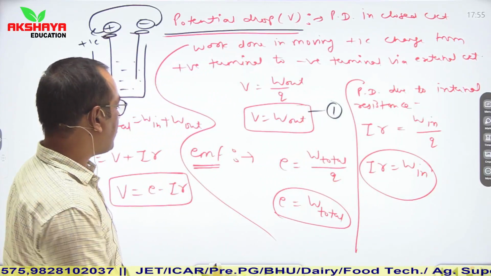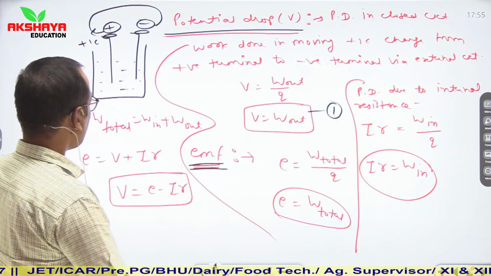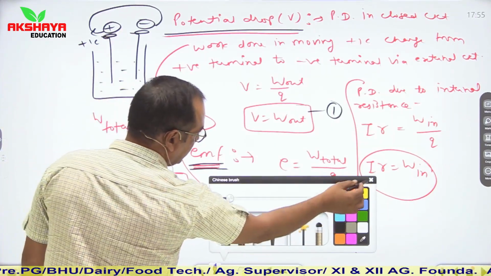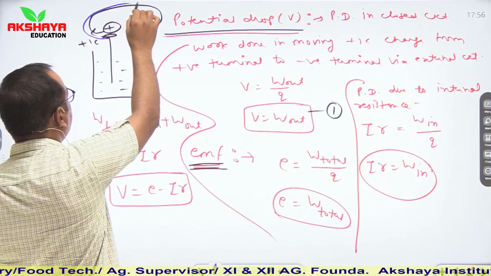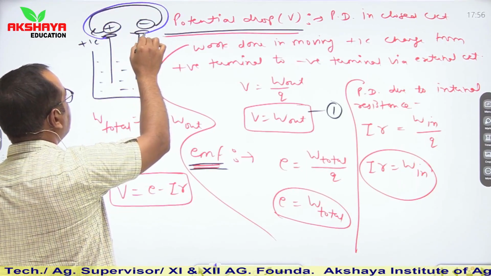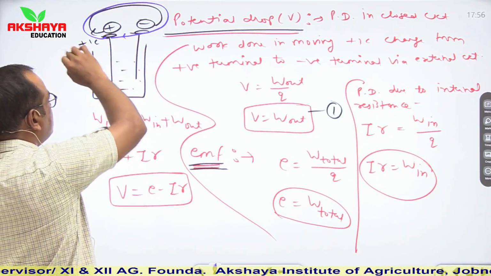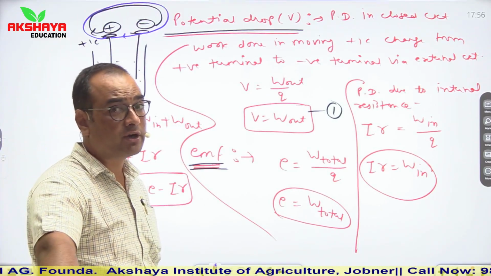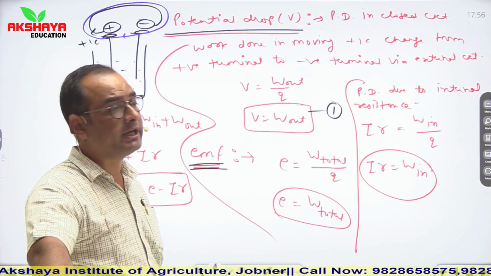Now if we talk about EMF, it is defined as the work done in moving a unit positive charge from the positive to the negative terminal in the outer circuit and from the negative to the positive terminal in the inner circuit. This complete work done in motion of this unit positive charge is said to be electromotive force or EMF.